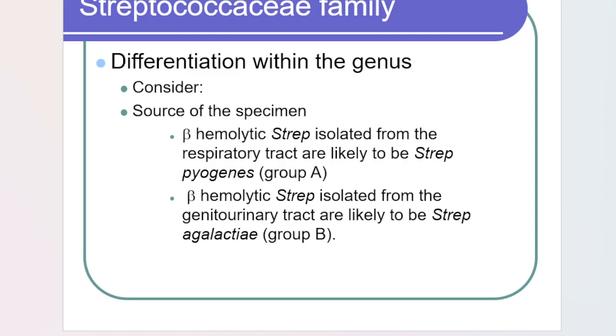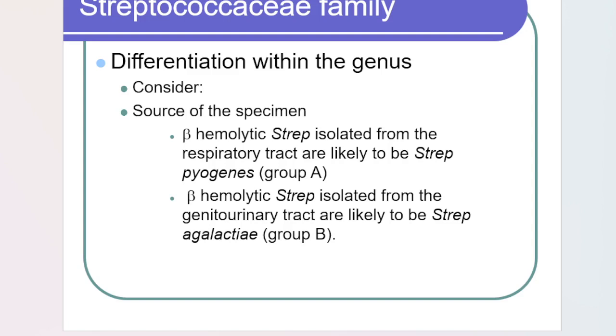Okay, kapag alpha hemolytic from respiratory tract, you consider viridans, which are normal flora, and Streptococcus pneumoniae. If that is beta hemolytic naman na strep, okay, pag beta hemolytic na strep, most likely that is group A. Okay, from respiratory tract, sputum, nasopharyngeal swab, mga ganyan na beta hemolytic. So, that is most likely Streptococcus pyogenes.